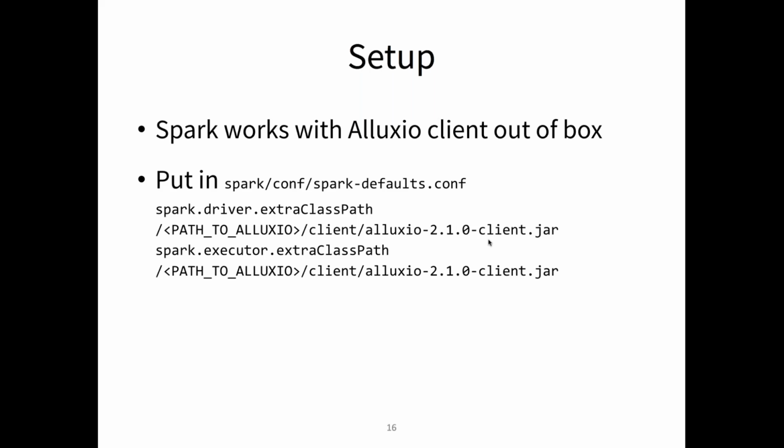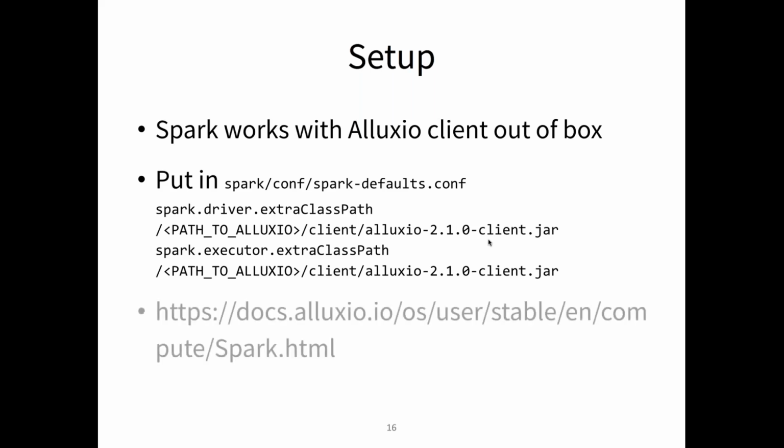In this way, Spark will put the Alluxio client jar, which is also a Java binary, into its class path, and both the Spark driver and Spark executor will be able to talk to the Alluxio service to get data and also to query the metadata.